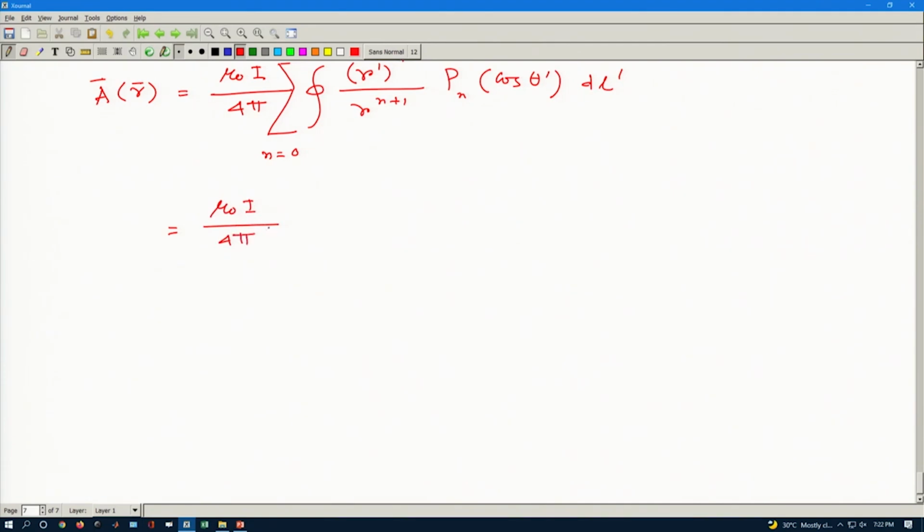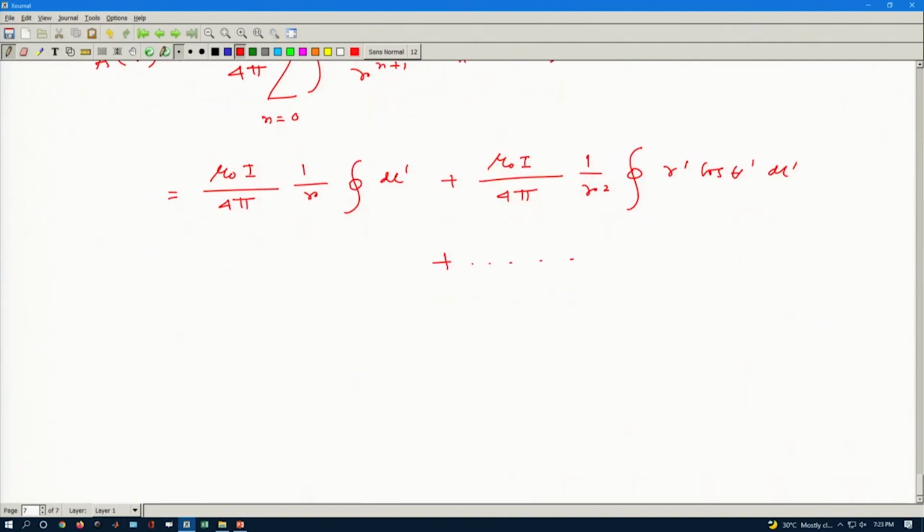For n equal to 0, my first term will be 1 by r, because I can take it outside the integral, and the integral of dl prime, plus the second term, mu 0 I divided by 4 pi, and then 1 by r square, integral of r prime cos theta prime dl prime, and so on.